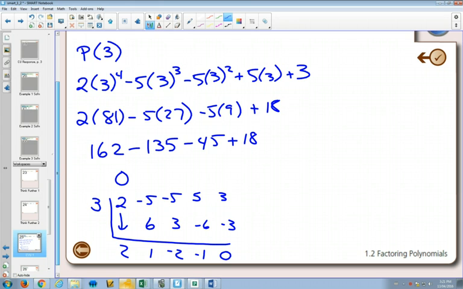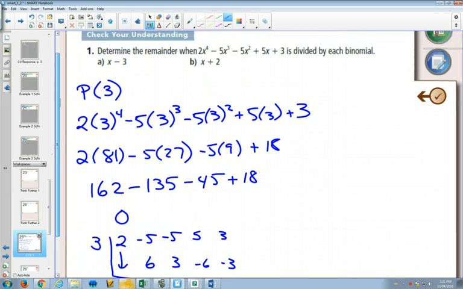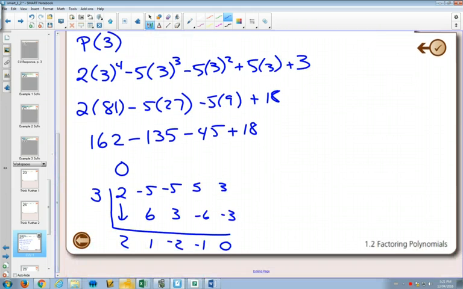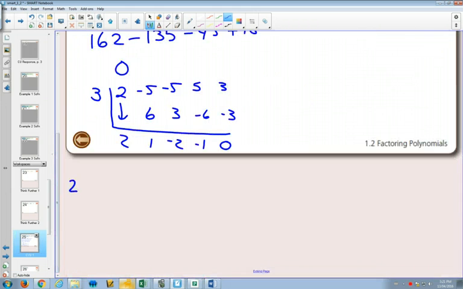Plus, the remainder theorem also tells us the next step. Not only do we now know that x minus 3 is a factor, we now know how to factor this. So if I start with 2x to the 4 minus 5x cubed minus 5x squared plus 5x plus 3, I know that I can factor this.